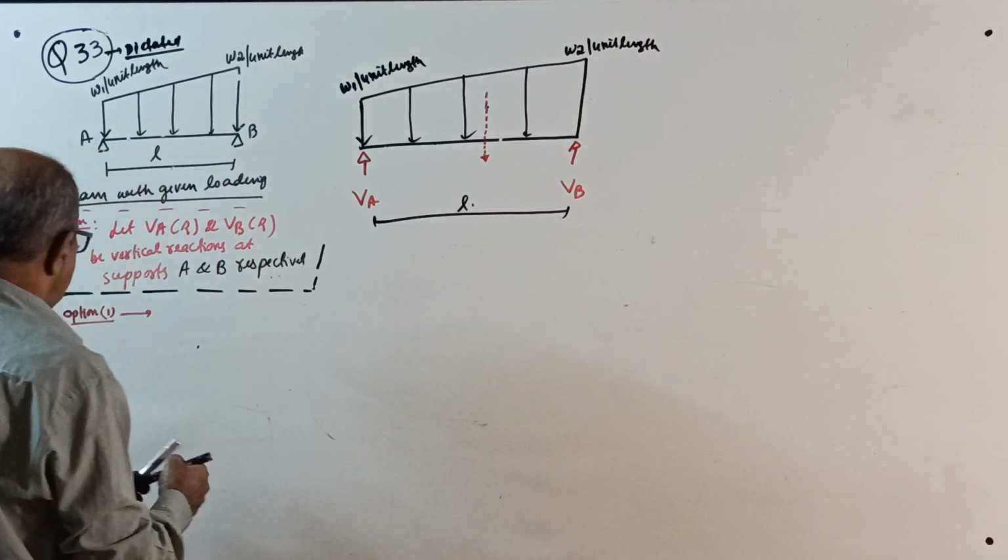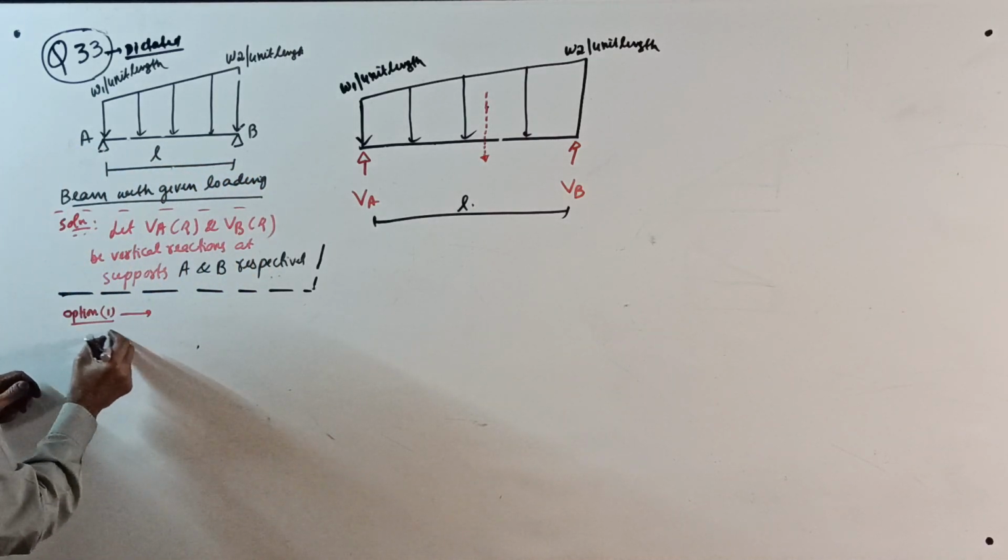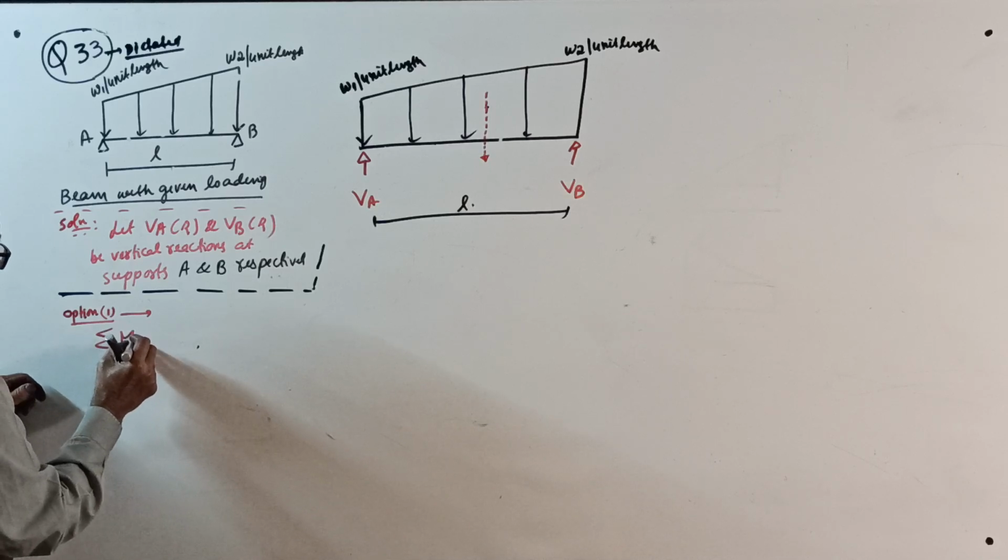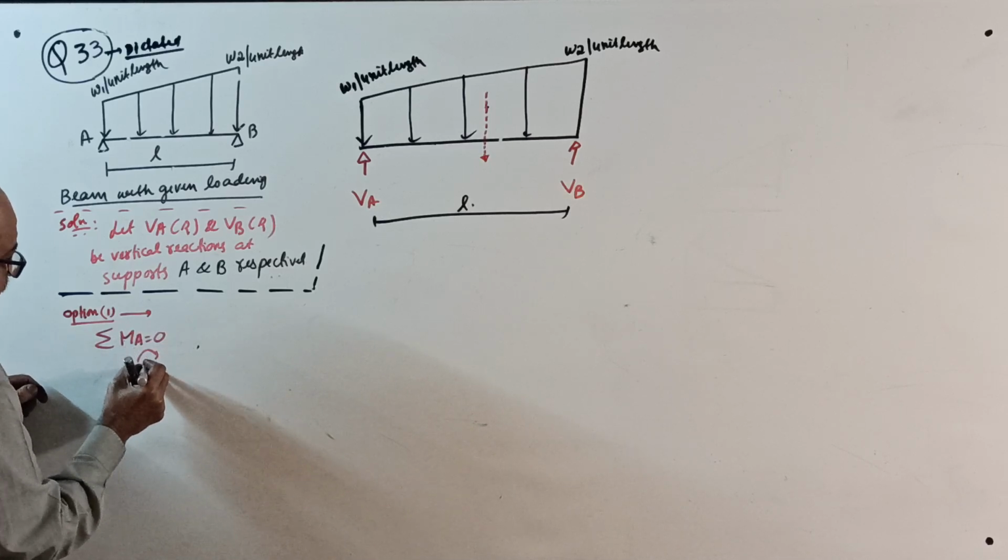So then, sigma M about A is equal to 0. Take clockwise positive.